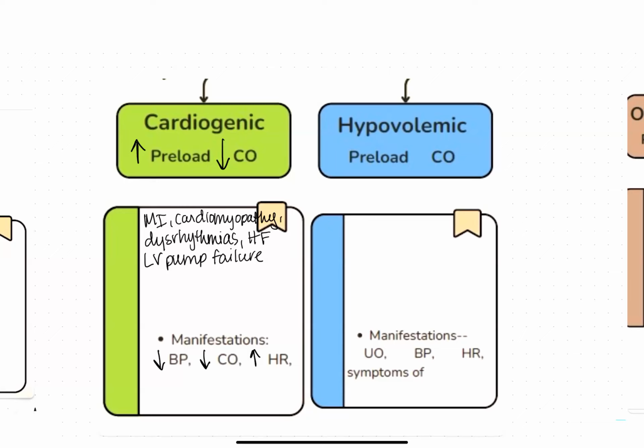Because of the heart pump failure, patients will have weak pulses, maybe cyanosis or pale extremities, and they also will have symptoms of left-sided heart failure, such as pulmonary edema or congestion in the lungs.